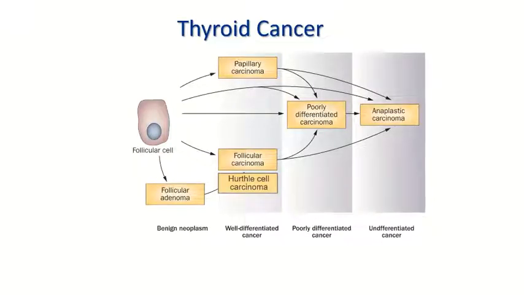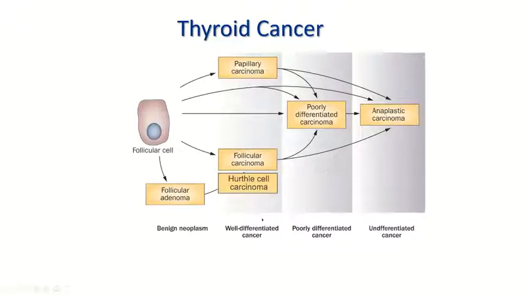So I'll start with a general overview. Today we are talking about follicular cell-derived thyroid cancer, obviously not medullary carcinoma. These cancers are subdivided into well-differentiated, poorly differentiated, and anaplastic carcinoma.